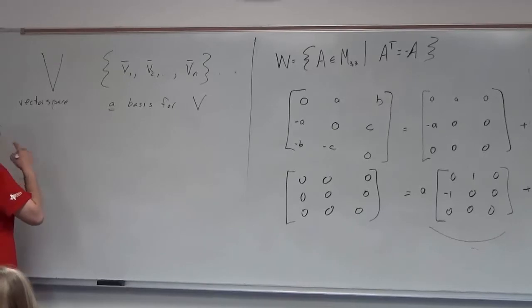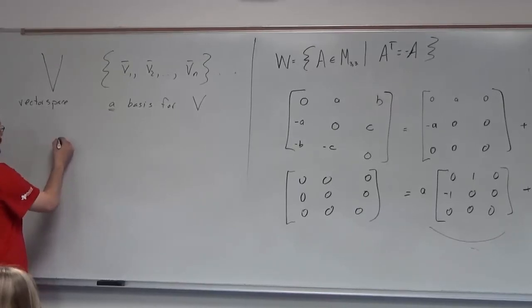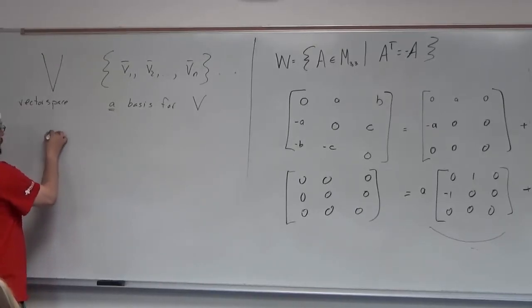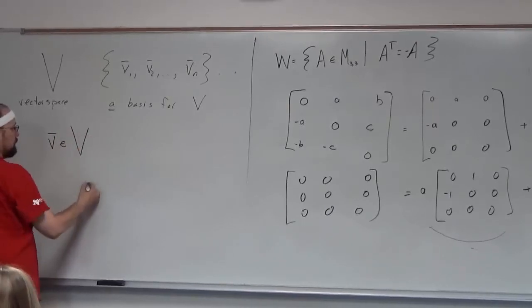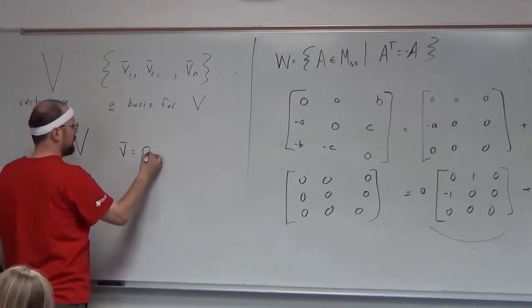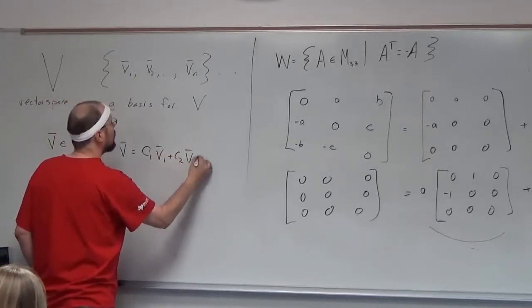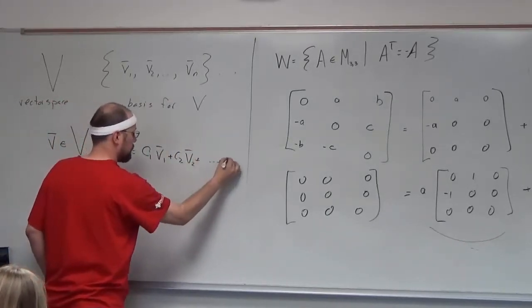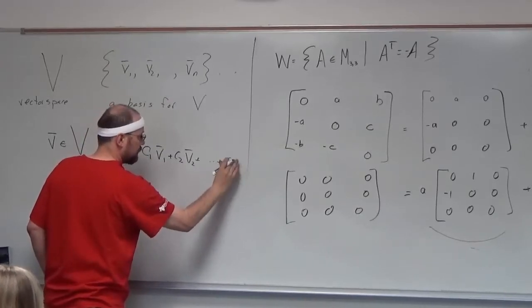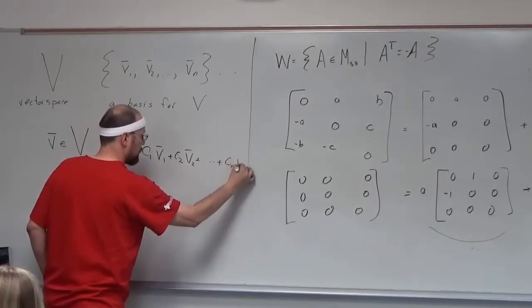This means that, by definition of basis, I can take an arbitrary vector in our space and express it as a linear combination of the basis elements. Remember, the basis spans the space.